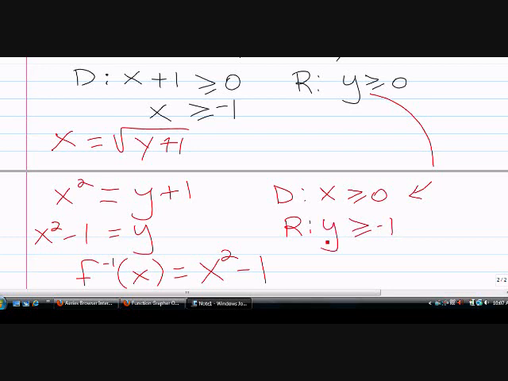But ranges are y's. So I say y greater than or equal to negative 1. So I've brought that here. Just exchange the range for the domain, but make sure you're making it in the proper variable. All real numbers, if I just say that, I don't have a variable named, but if I actually give some variables here for my range and domain, I need to switch them for my inverse.